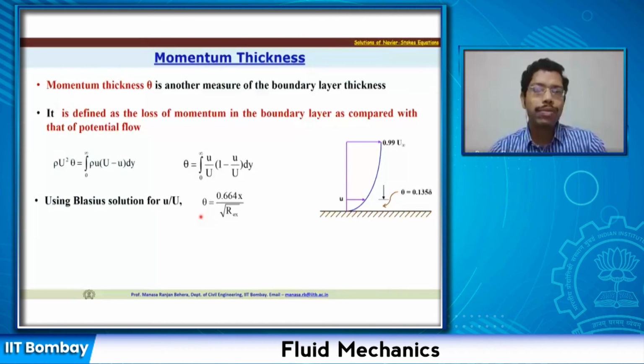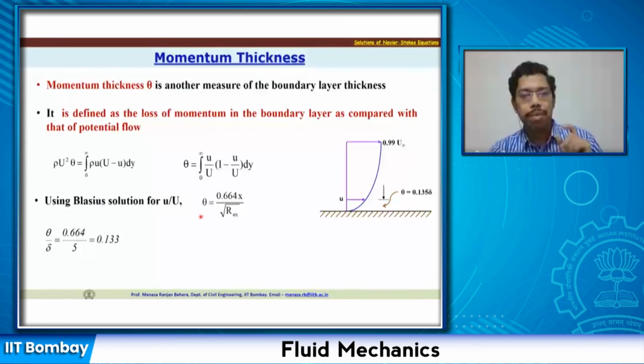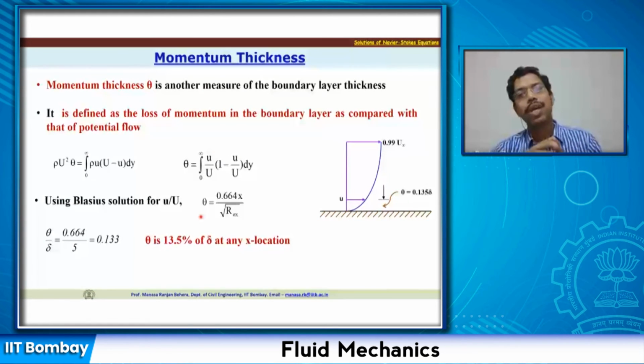Now if you look at the ratio between theta and the boundary layer thickness, delta gives a coefficient 5, theta gives a coefficient 0.664, and the ratio is going to be 0.133. That is nothing but theta is 13.3% of the delta at any location x.